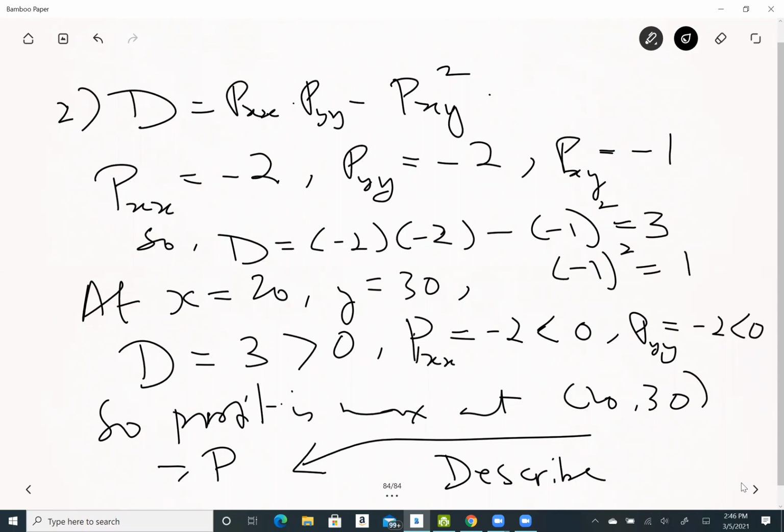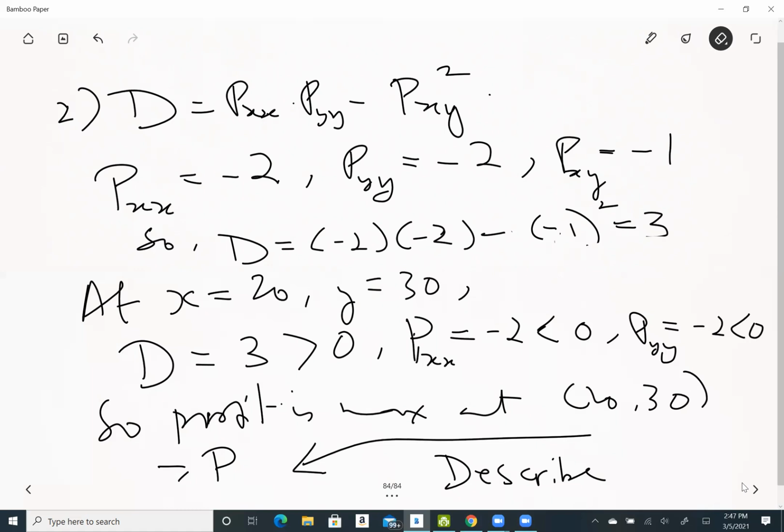You don't take this negative and negative becomes positive, because that one is for the value Pxy, you need to square that up. So you got +1. I'm sorry, it should be a 3, not a 5. So that is the D.